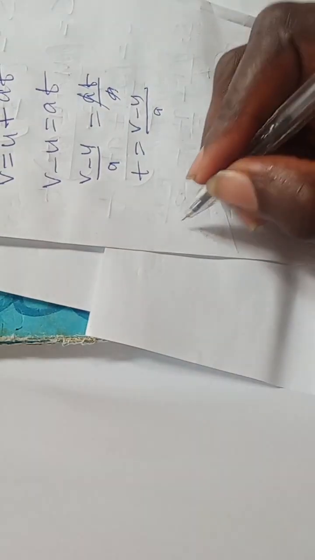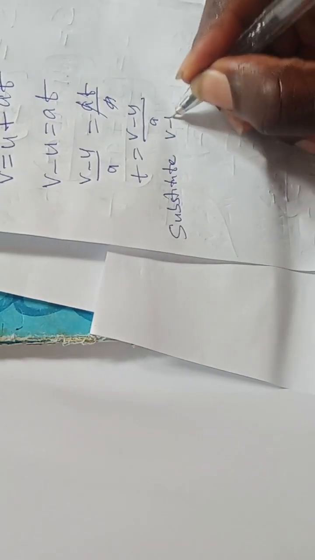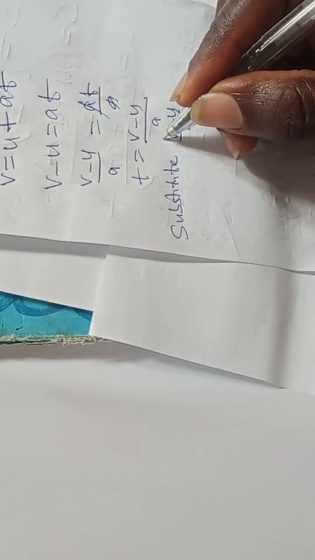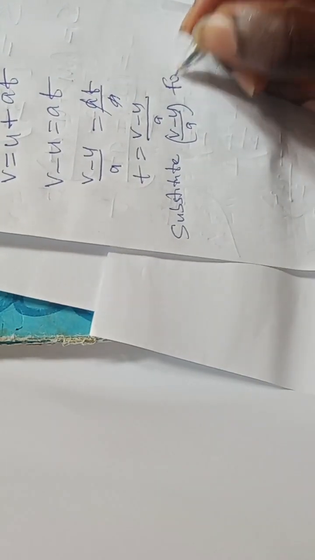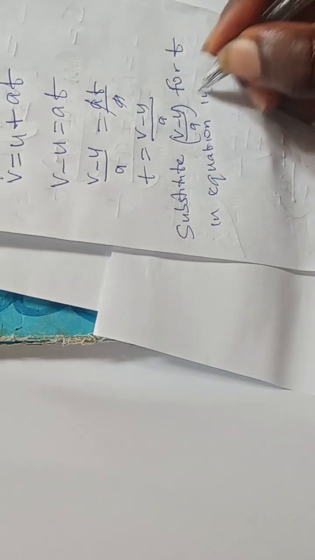Now substitute v minus u over a for t in equation 2. Take note, we substitute in equation 2 to get the third equation, and we also substitute in that same equation 2 to get this fourth equation.